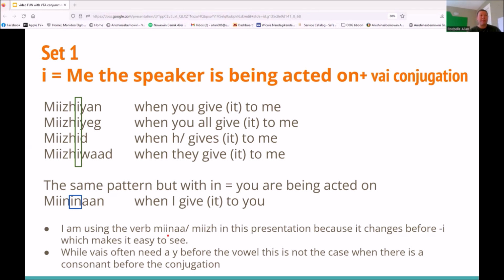And so this is the first set, and I should have said this earlier, but with conjunct endings, all the information about who's involved in the interaction comes after the verb. In our independent form, we had a little bit before the verb and a little bit after, but for these, all the information comes after the verb.